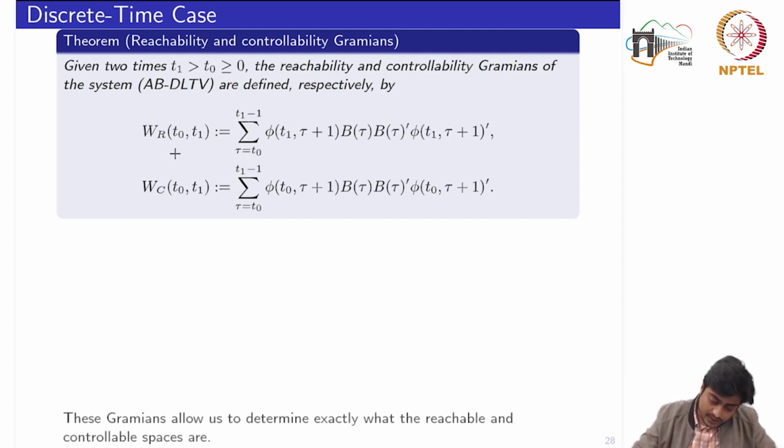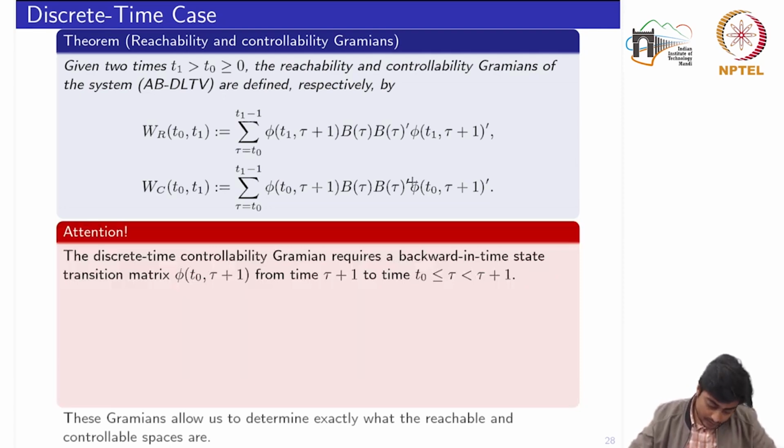The reachability Gramian is given by this summation from t0 to t1 minus 1 of the state transition matrix Φ(t1, τ+1) times B(τ) and their transpose. Now note the controllability Gramian. Here the summation is taken from t0 to t1 minus 1 of Φ(t0, τ+1) and B(τ) and their transpose.